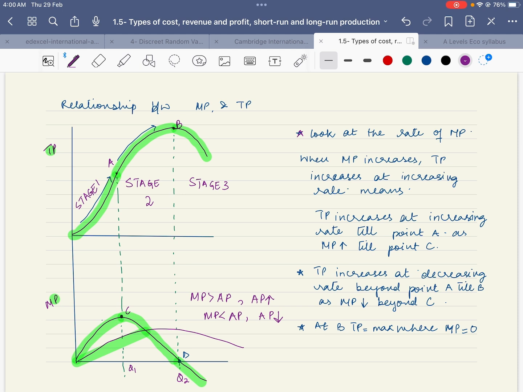For marginal product and average product, you need to see that when marginal product is greater than average product, the marginal product curve is above the average product curve and average product increases. When marginal product is less than average product, it is below the average product curve and average product decreases. These are the things that you need to remember while answering questions where you have to draw the graph.